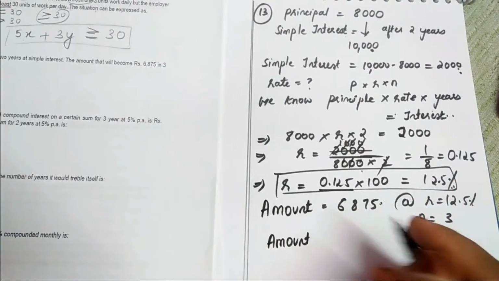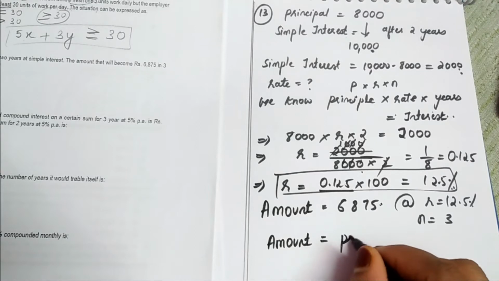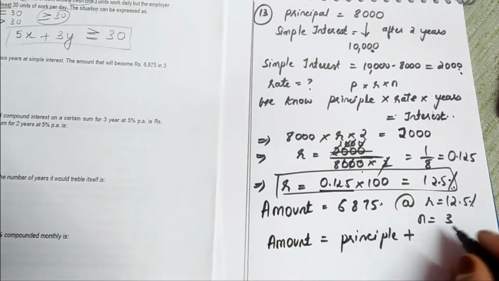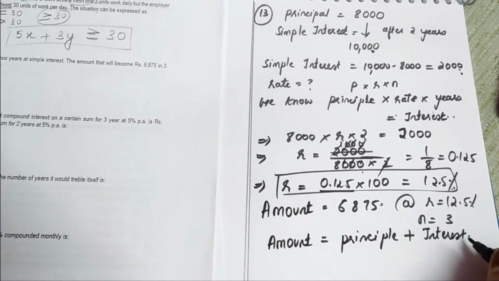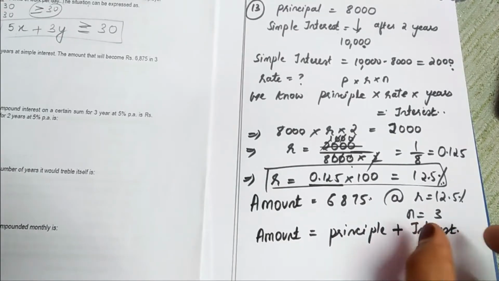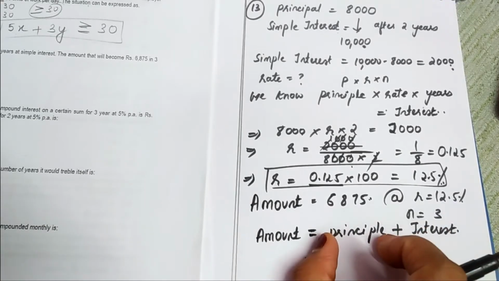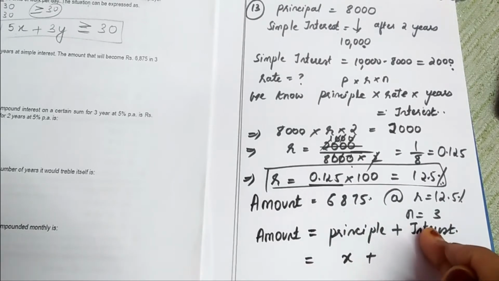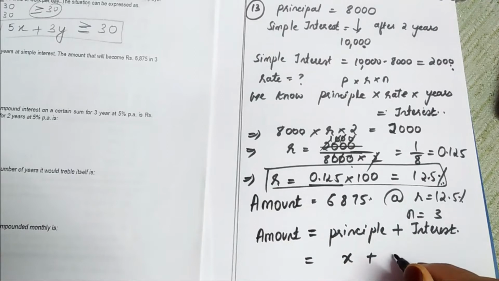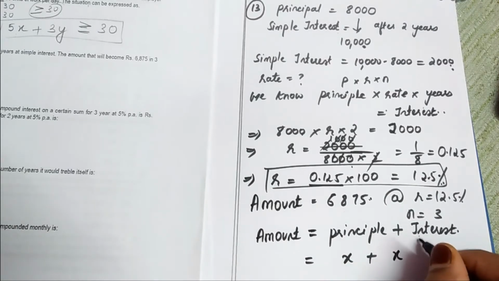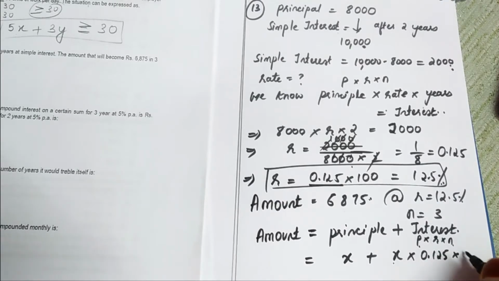So we know amount is equal to principal plus interest, right? Now let's see what the interest is. Principal amount we need to find, so let it be x. Interest will be on the principal, so it is x, the principal, into rate into n. We take P as x, R as the rate we have just found, 0.125, and the number of years is 3.